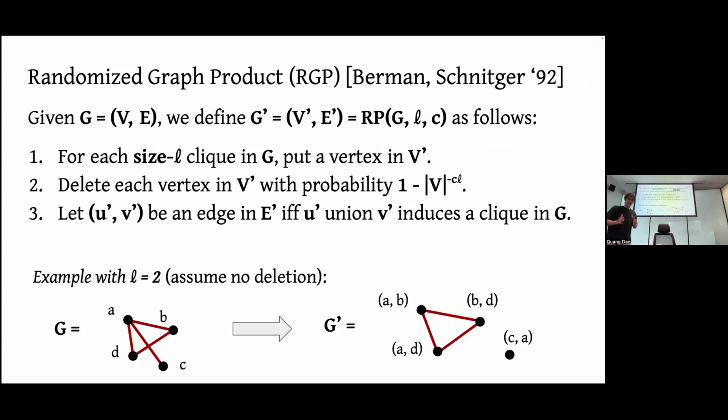I'll just discuss the edge, which is between the vertex labeled AB and the vertex labeled BD. If we look back in G, this gives us a vertex set A, B, and D. And together these form a triangle, which is a clique. So that's why we have an edge between them. And an important note here is that we're okay with the vertex sets overlapping a little bit. The only stipulation is that together they form a clique.